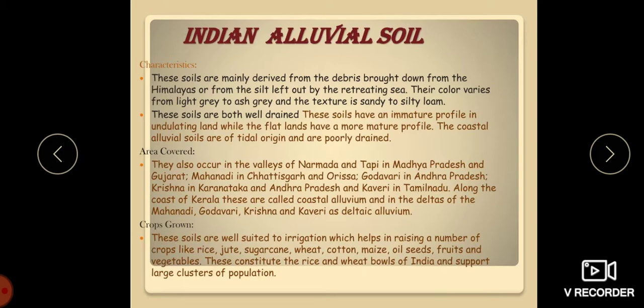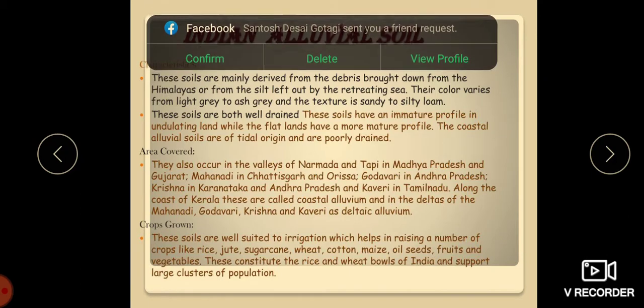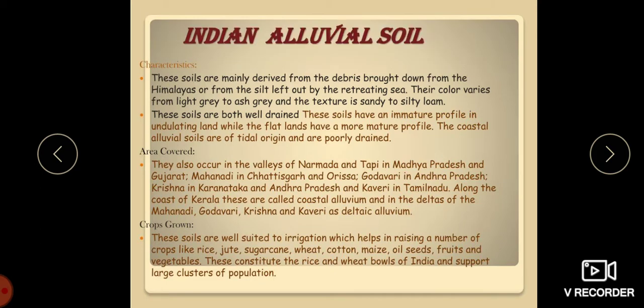Along the coast of Kerala, these are called coastal alluvial, and in the deltas of the Mahanadi, Godavari, Krishna and Kaveri it is deltaic alluvial.